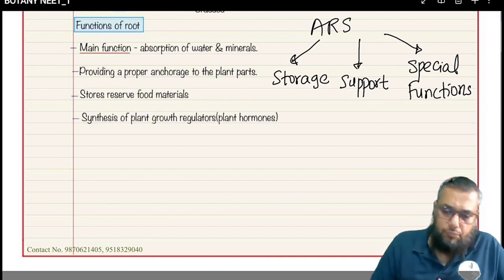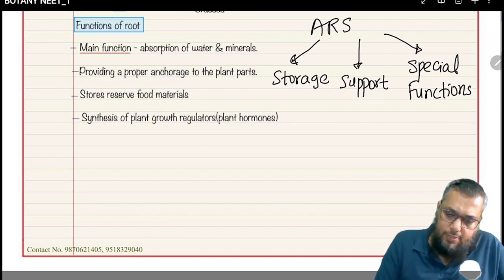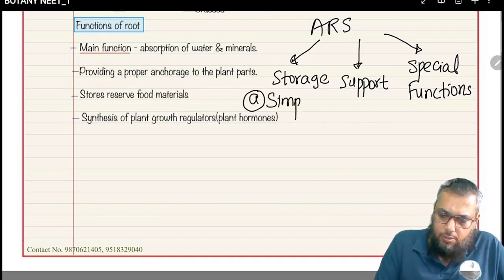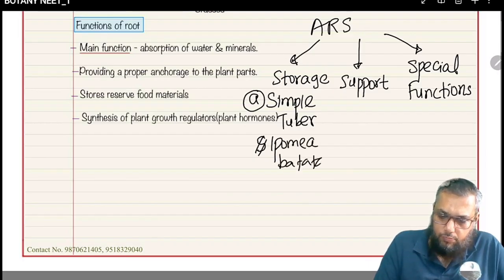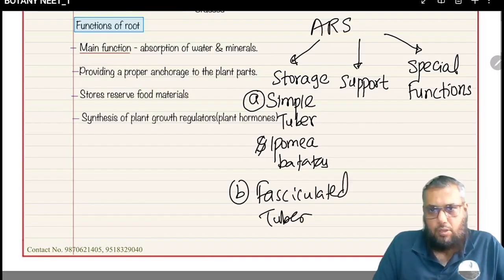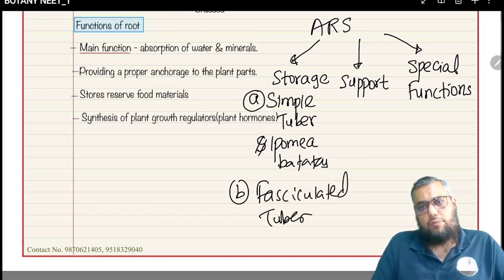So if you need to do some examples, like a simple tuber of Ipomoea batatas, that is your sweet potato, and a fasciculated tuber like that of asparagus.